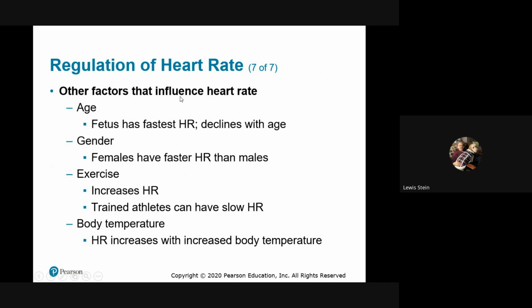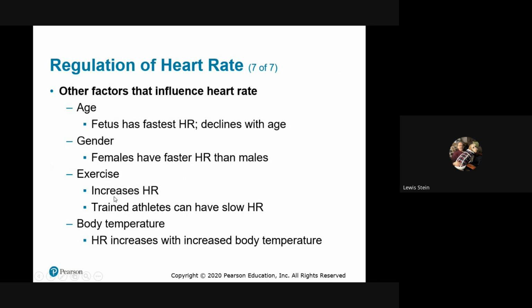Other factors. Your heart rate continuously declines with age, perhaps up to a certain point where it stabilizes. And then we begin to see changes associated with, the fancy term is senescence, or aging. Women generally slightly faster than men.